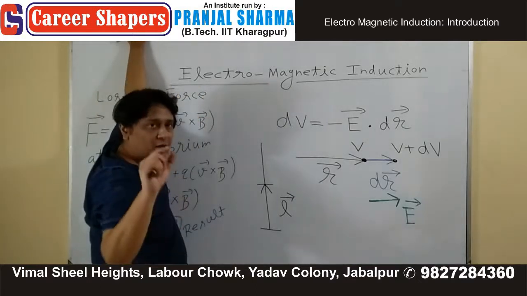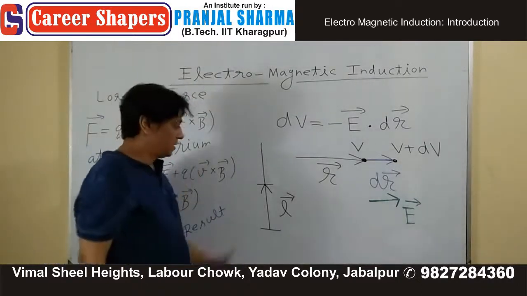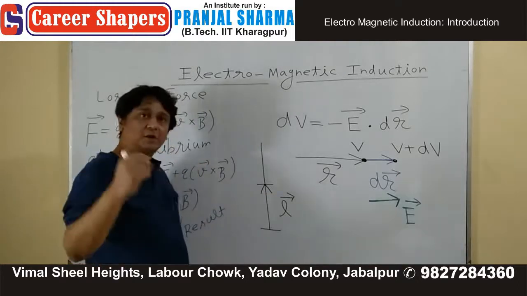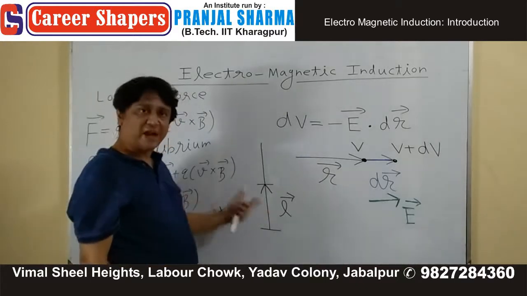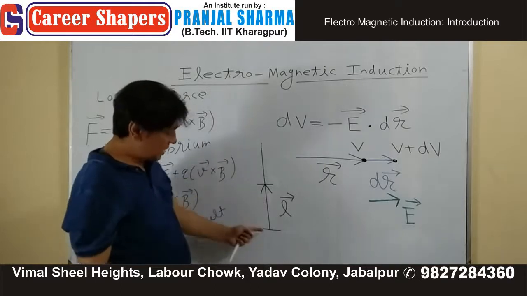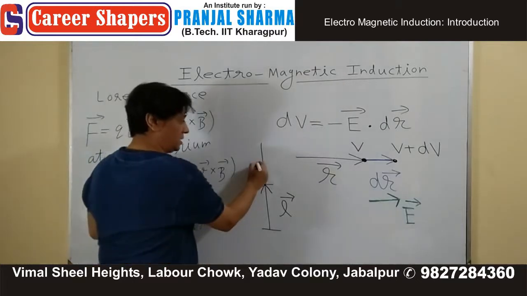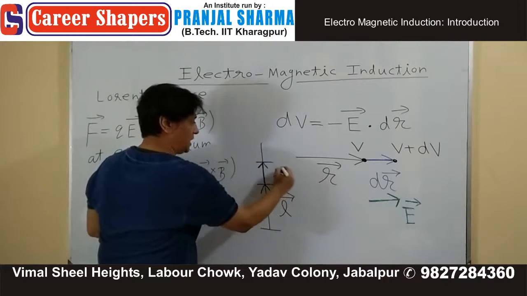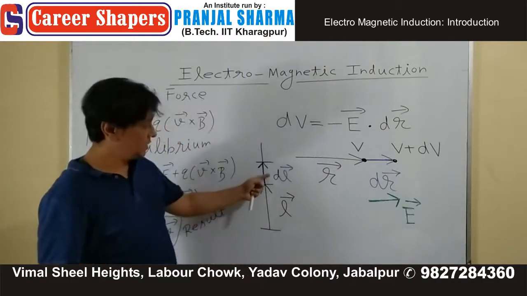Don't worry if you are a little weak in differentiation and integration. Ultimately, you will get a standard result, but if you are weak in these things, the same approach will help you a lot. At a distance of L, take a small length dl. This is dl. Look at the similarity: r, dr; L, dl.